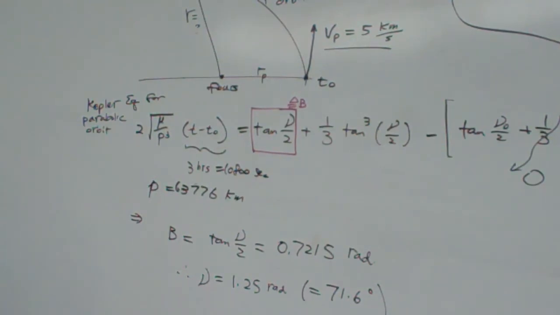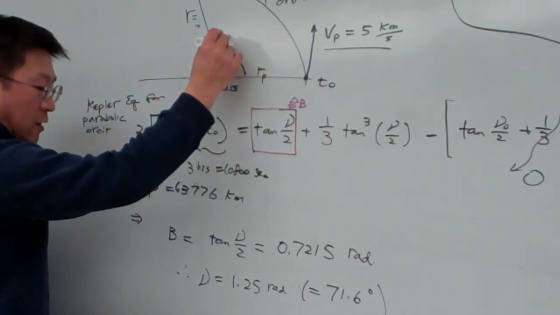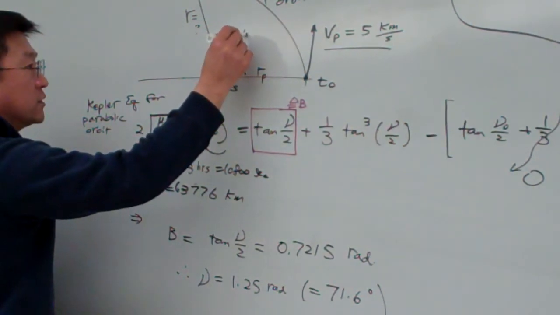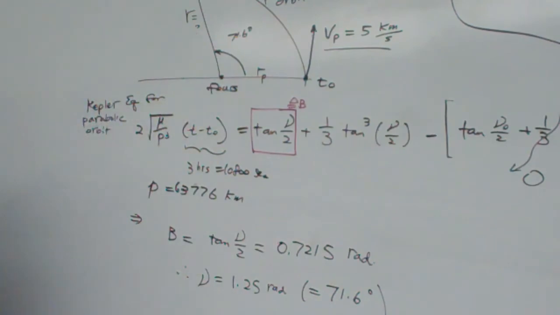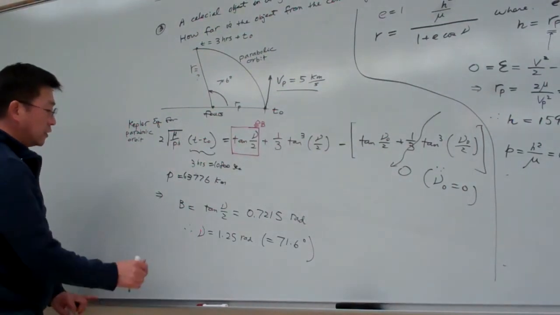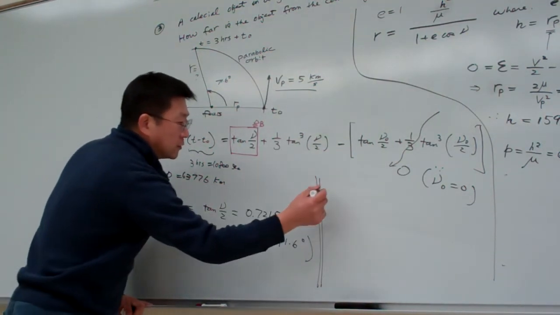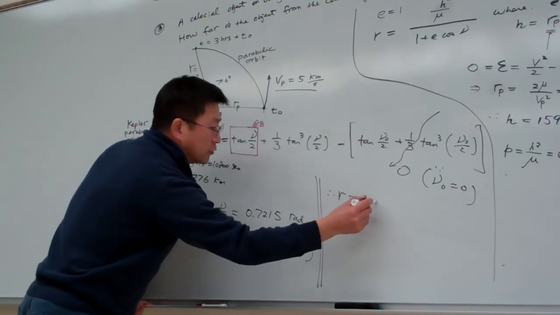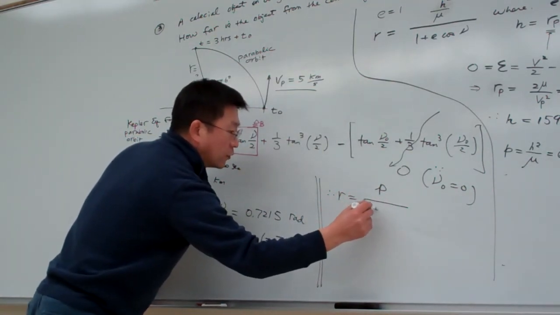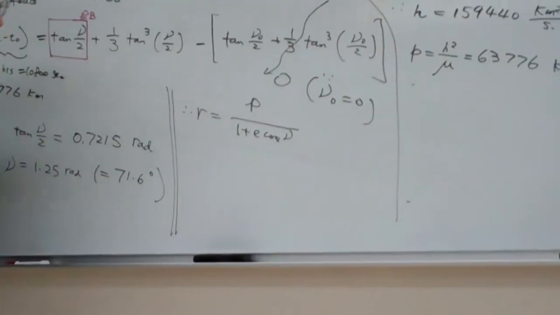Okay. So right now we have determined this angle here, that is 71.6 degrees. Then we can determine r. We simply use our orbital equation here. So r equals p over 1 plus e cosine nu.